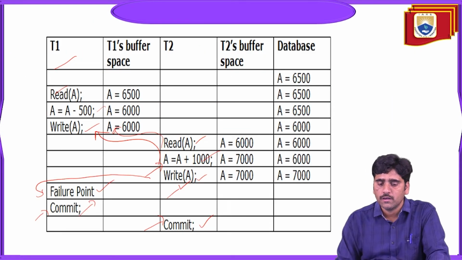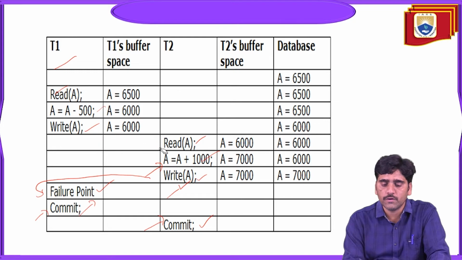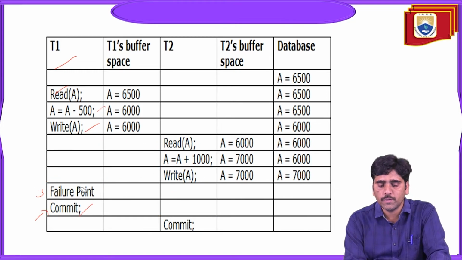The next one: the transaction is committed if and only if the transaction is committed for each and every one. At that moment, we can say that it is recoverable with cascading rollback.